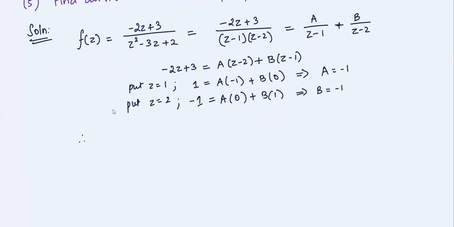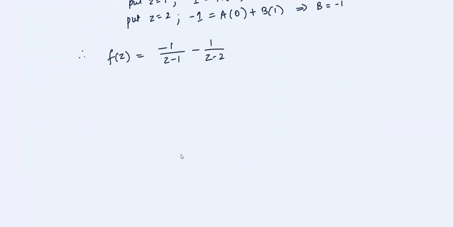Therefore, we can write f of z as minus 1 upon z minus 1 minus 1 upon z minus 2. Now, what are the poles? The poles are 1 and 2.